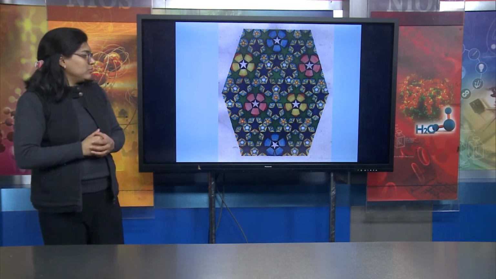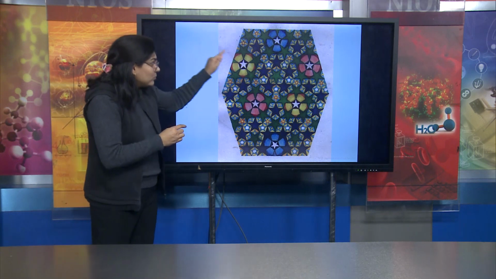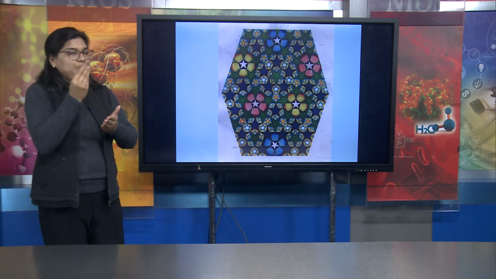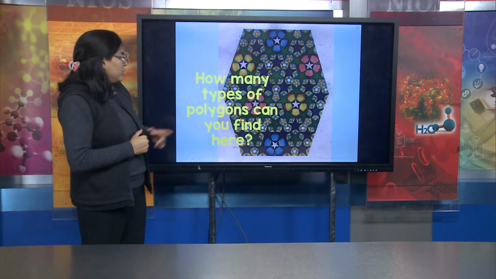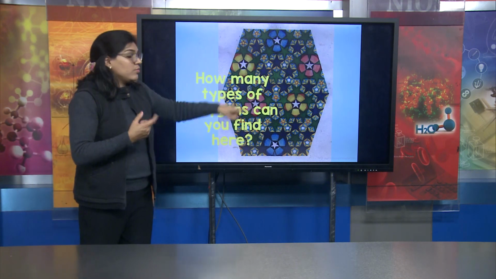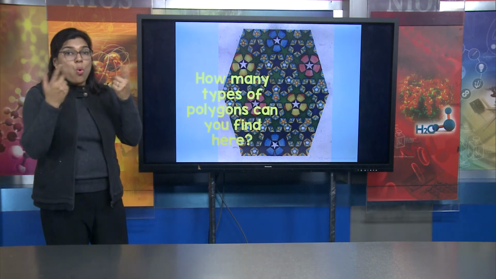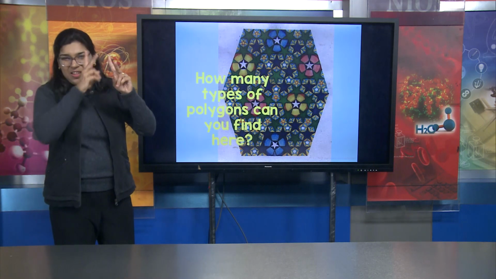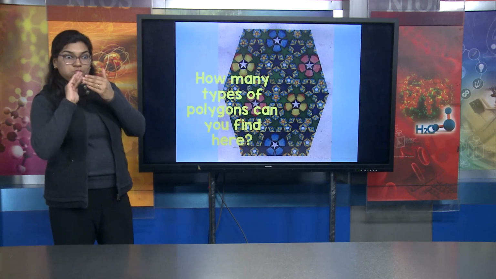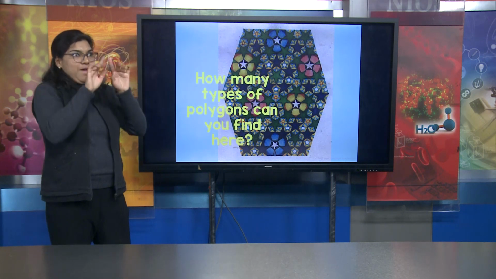Now this is another image. It has small different shapes, so small polygons. Again, you need to practice and try yourself. This says how many types of polygons, whether quadrilateral, triangle, or pentagon, hexagon, whichever we learned earlier. You have to remember that any polygon doesn't have curved line.